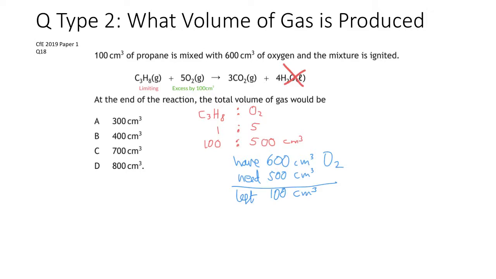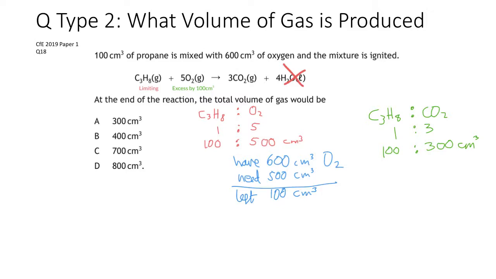We're going to compare the propane with the carbon dioxide, because it's the one that's limiting how much carbon dioxide we can make. So our mole ratio there is 1 to 3. And if I have 100 centimetres cubed of the propane, I should be able to make 300 centimetres cubed of the carbon dioxide.